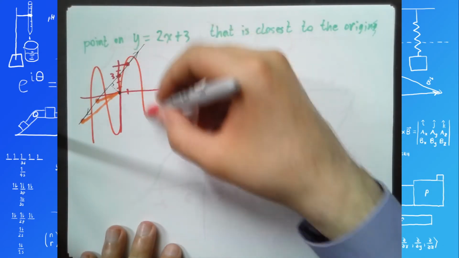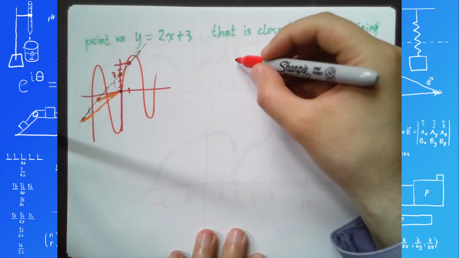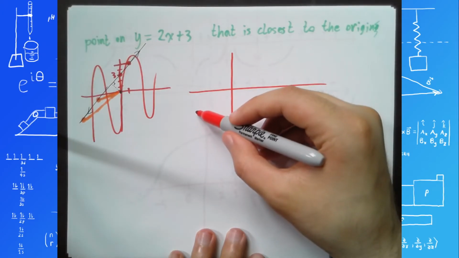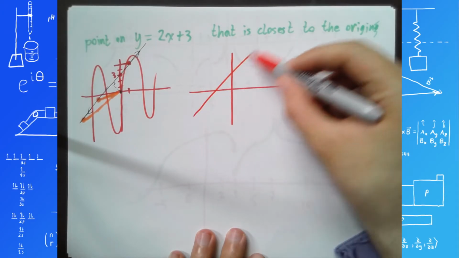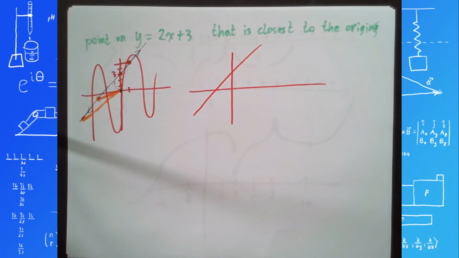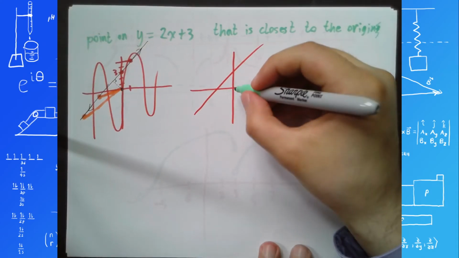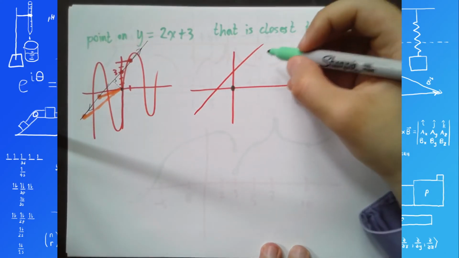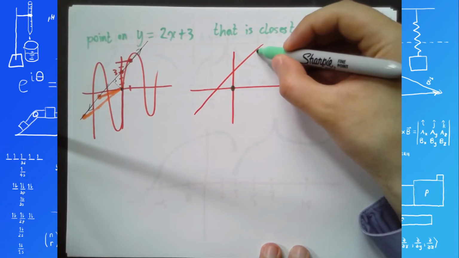So scratch all this. Let's try again. So something like this is what we're looking at. And we're trying to measure the distance of a point from the origin. Let's pick an arbitrary point, let's say over here.